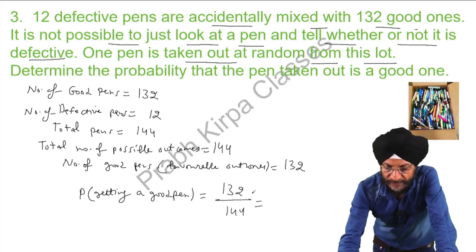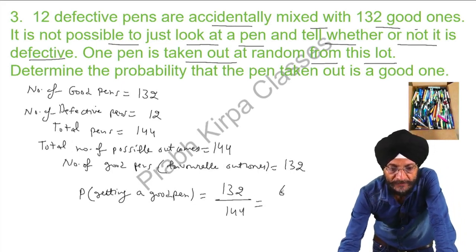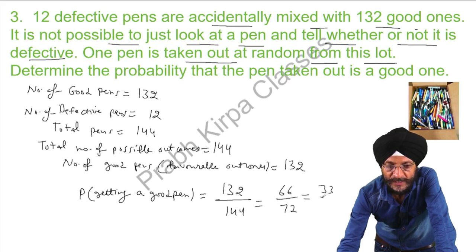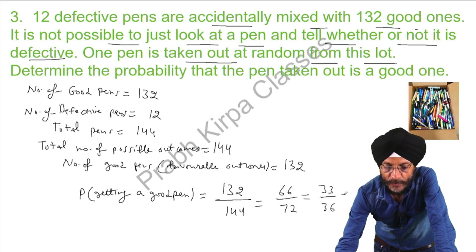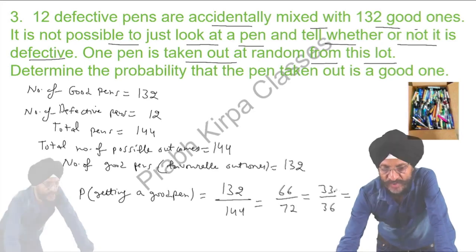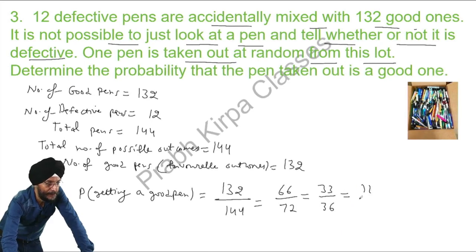Here we will divide by 2. It will come 66 over 72. We will again divide it by 2. It will come 33 divided by 36. We will again divide it by 3. It will be 11 divided by 12. This is the answer before you.